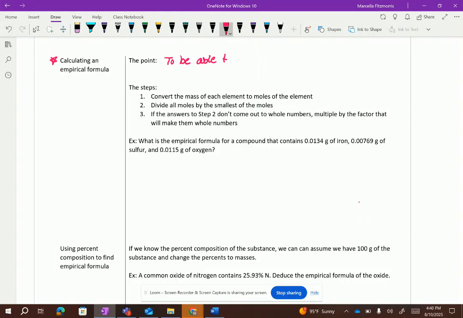So the point of finding an empirical formula, calculating it, is to be able to find basically what it is from mass data acquired in lab.